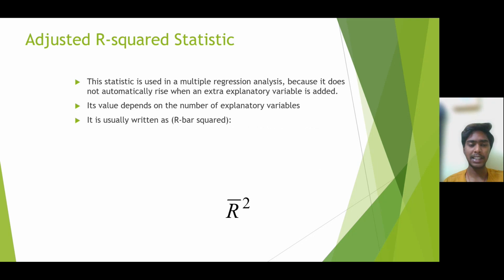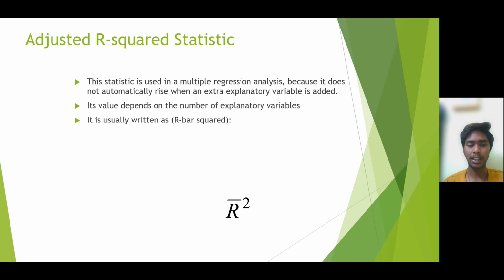Adjusted R squared statistic. This is the third one that we are discussing. The statistic is used in a multiple regression analysis because it does not automatically rise when an extra explanatory variable is added. Its value depends on the number of explanatory variables. It is usually written as R bar squared.